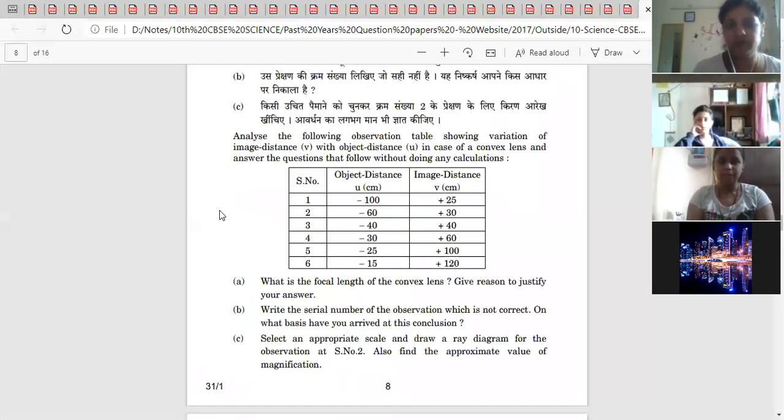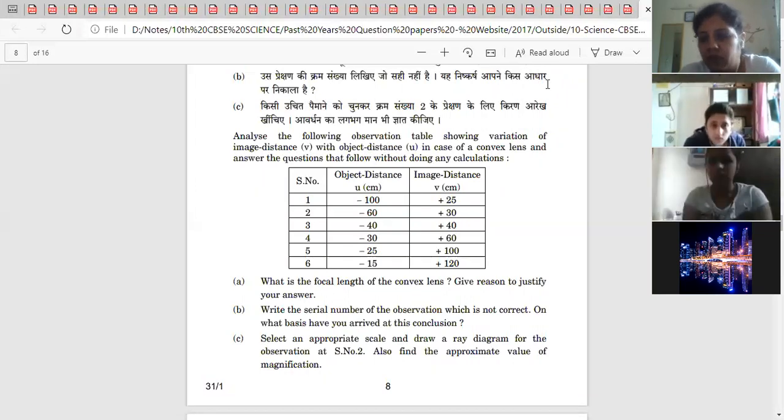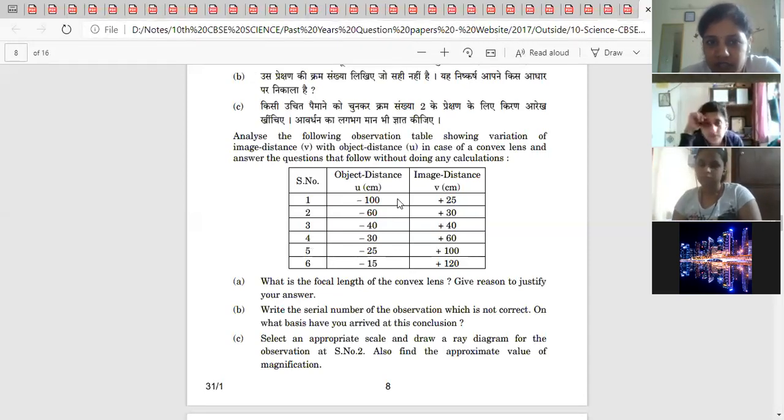Are you able to see the question? The table is there. One table is formed. Are you able to see? Yes, ma'am. Now here, see, this is the table they have given.